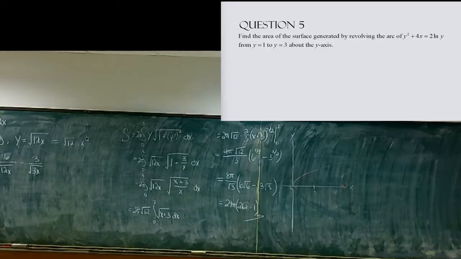Find the area of the surface generated by revolving the arc of y squared plus 4x equals 2 log of y from y equals 1 to y equals 3 about the y-axis.